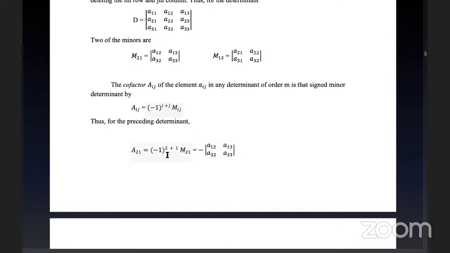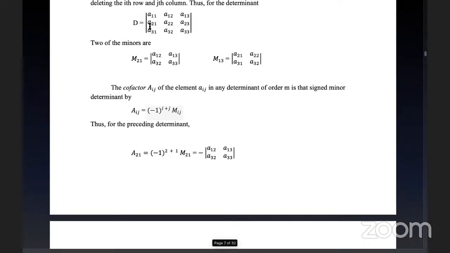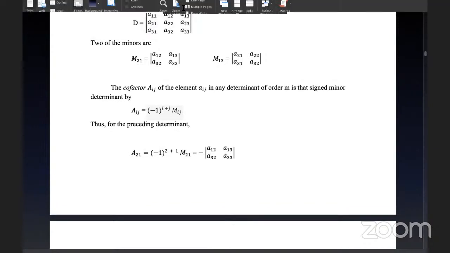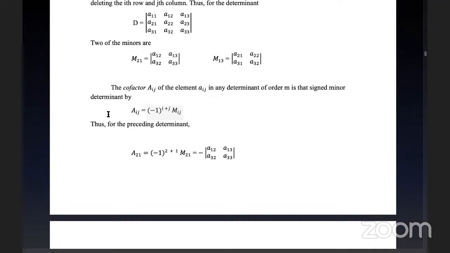And ano ba yung ating cofactor dyan? So i-delete lang natin yung entire row 2 and column 1. So you have these elements: A12, A13, A32, and A33. So yung difference lang nila, ng minor and cofactor is yung sign.